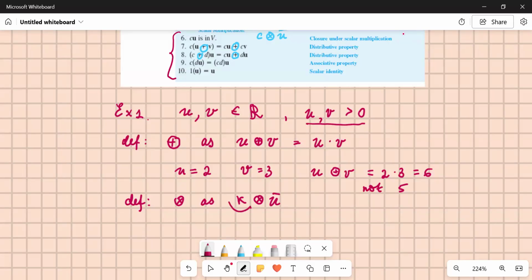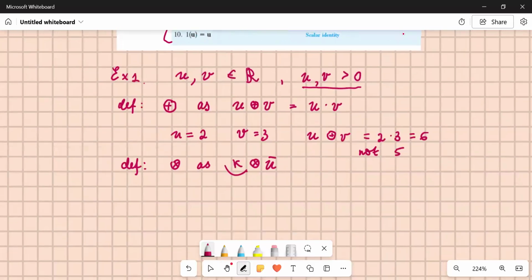These real numbers can be anything, positive, negative, or 0. So, only positive, and this one, any real number. You see the difference? This is just a real number. This is an object of a vector space.